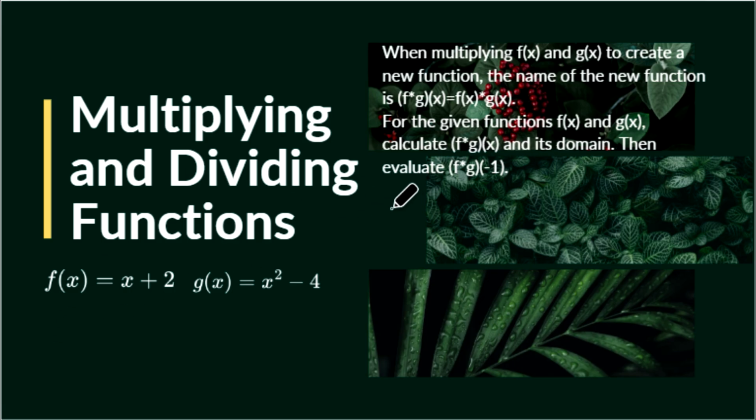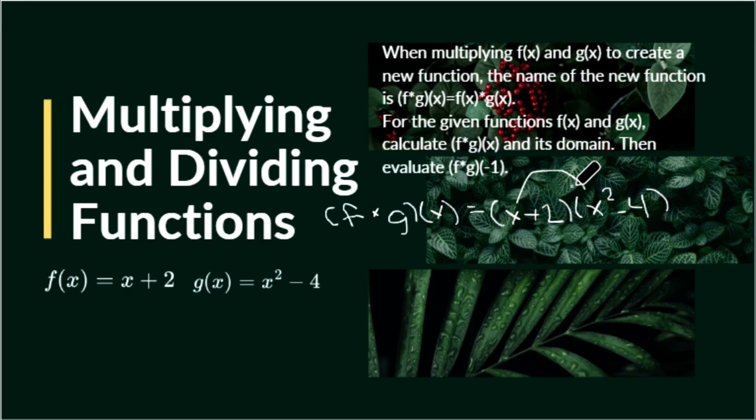So if we have f times g of x, that's going to give us our f problem, which is x plus 2. And we're going to multiply that by g of x, which is x squared minus 4. Now remember, we have to distribute it out.